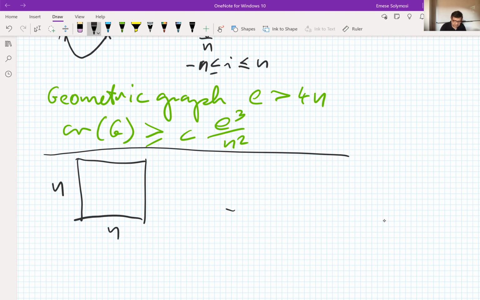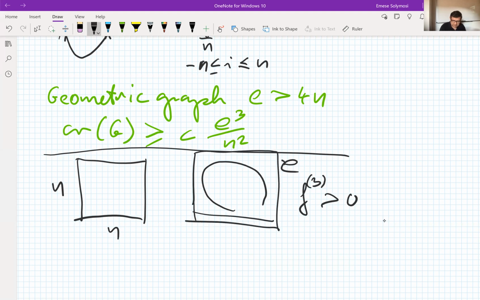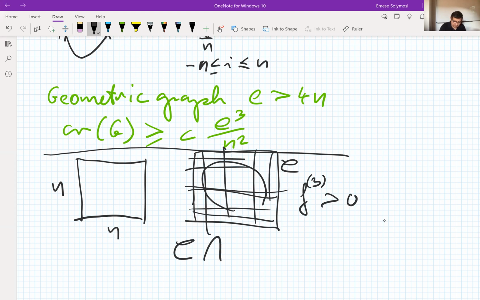Here is a curve C, predefined somehow, and you know that this curve is smooth, differentiable, and even the third derivative is larger than 0. You begin with an n by n grid, but then you refine it, intersecting with some 1 over k times this grid.